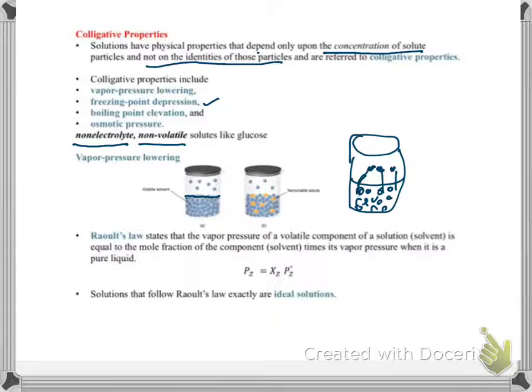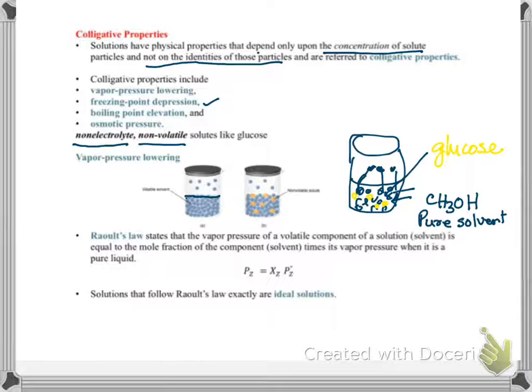Now, let's say we have a pure solvent, and I can take the example of methanol. It is just methanol, pure solvent. What I did here, I added solute particles. Let me pick a different color. Solute particles, glucose. So when I'm adding this glucose, what's going to happen?